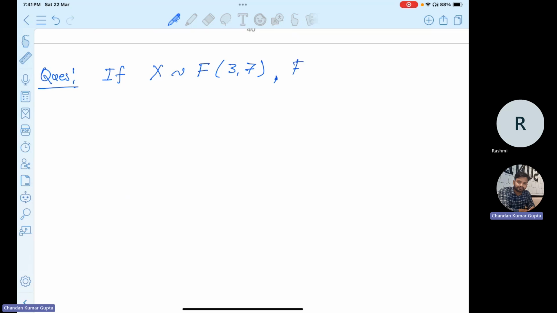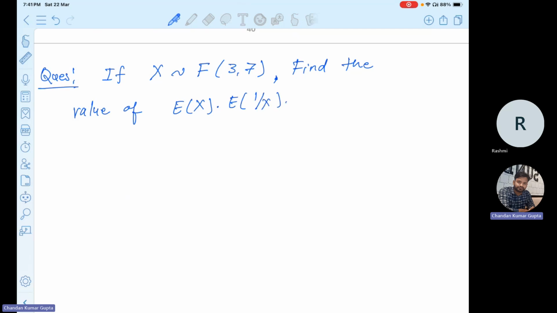Find the value of the expected value of x into expected value of 1 by x. Okay, this is a simple question. We are given the distribution of the random variable x, which is the F distribution with degrees of freedom 3 and 7. We need to find the expected value of x into expected value of 1 by x.